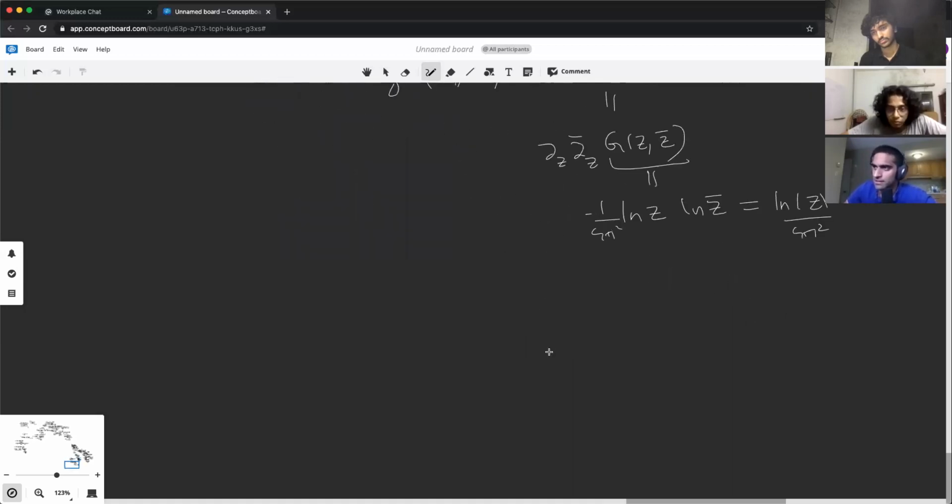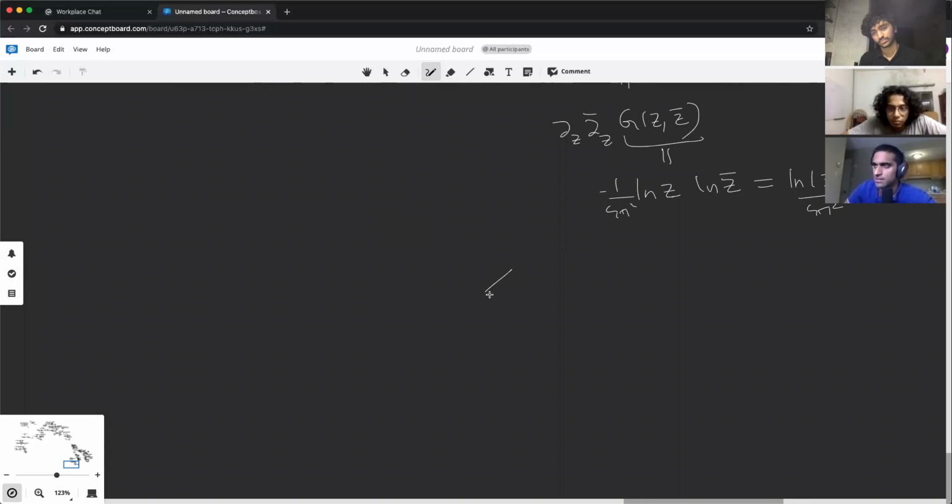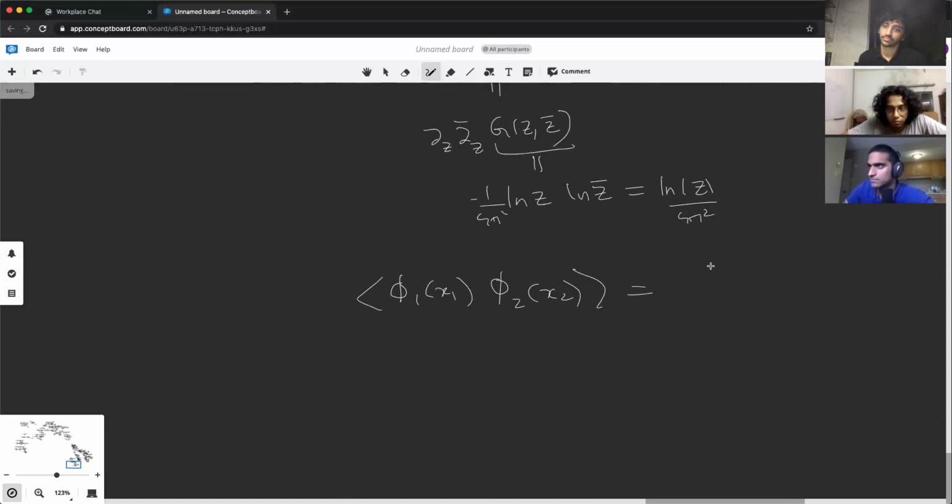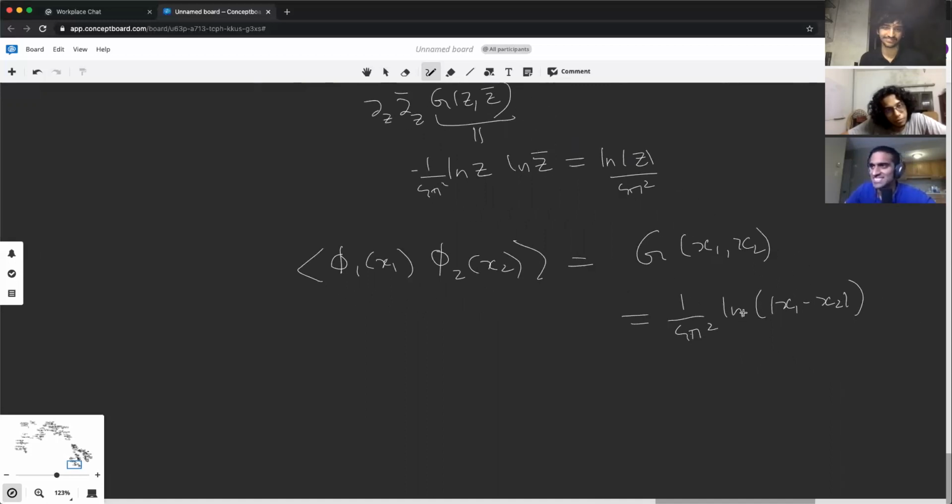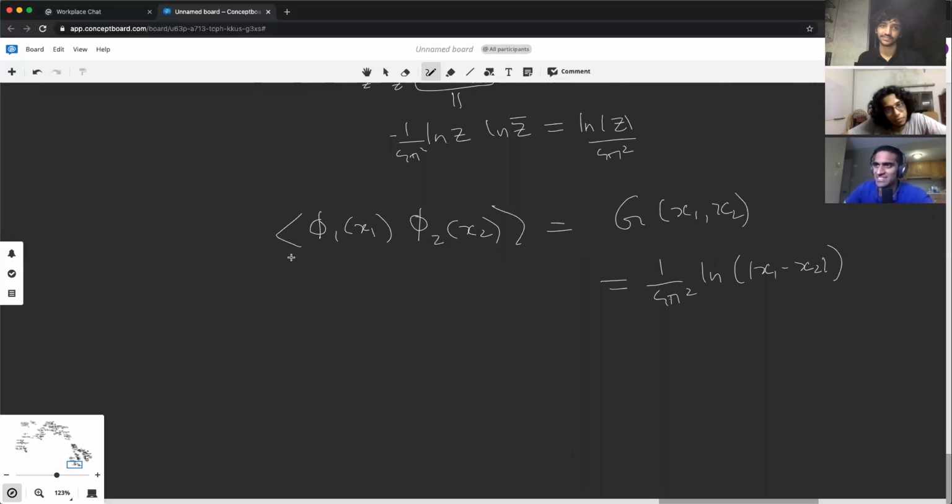but here's a surprise. If we take this, this has to equal... Oh no. So it turns out that this is not a good conformal primary operator.